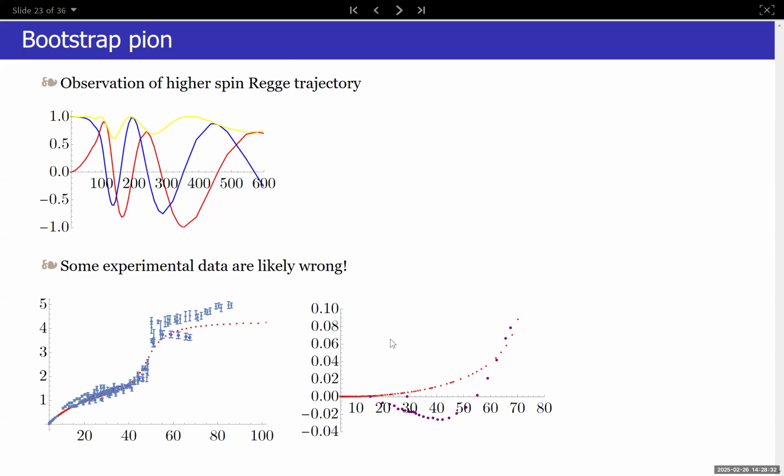Then depending on how you extrapolate, you get different results. That's already model dependent. Ideally, if we can use bootstrap to directly analyze the pion nuclear scattering, that would be fantastic, but right now we haven't been able to do it. It should be possible.